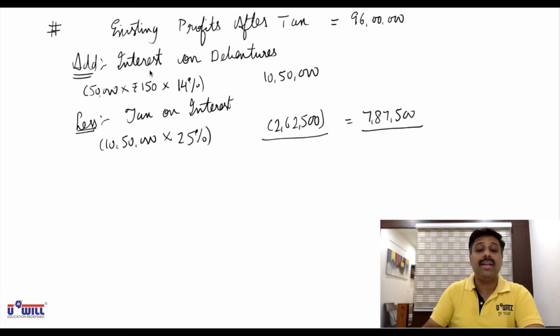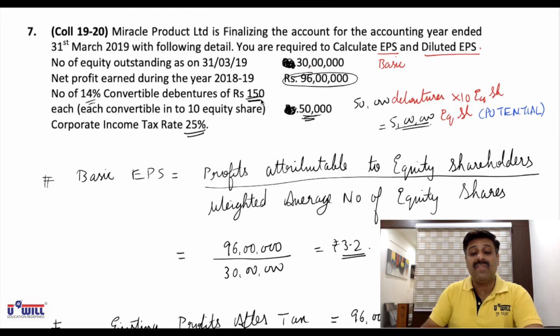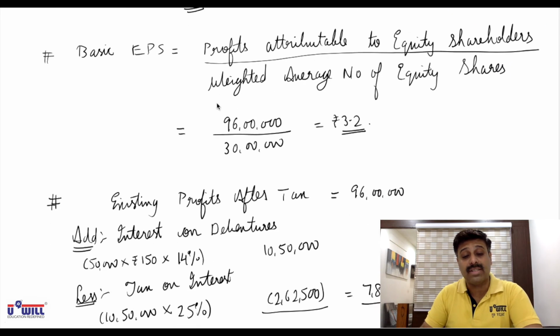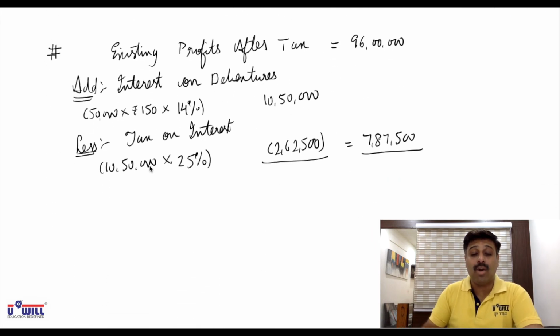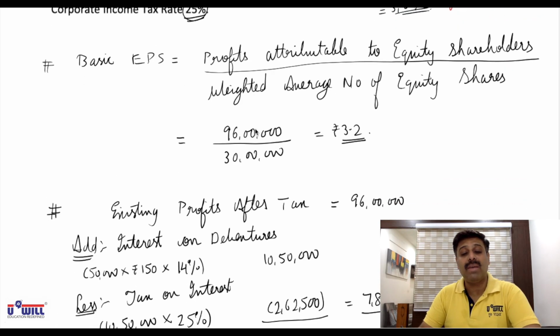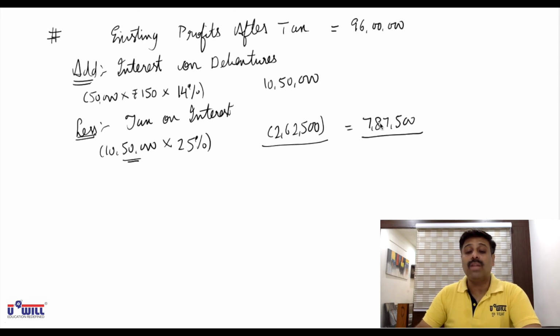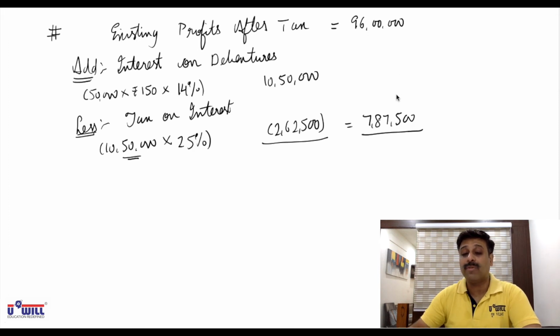So keep this in mind. Interest on debentures we have to add, 50,000 debentures into 150 face value into 14% interest, 10 lakh 50,000, and on 10 lakh 50,000, 25% tax we will have to pay more in future, 2,62,500. So overall the profits of company will increase by 7,87,500 plus 96 lakhs existing profit.